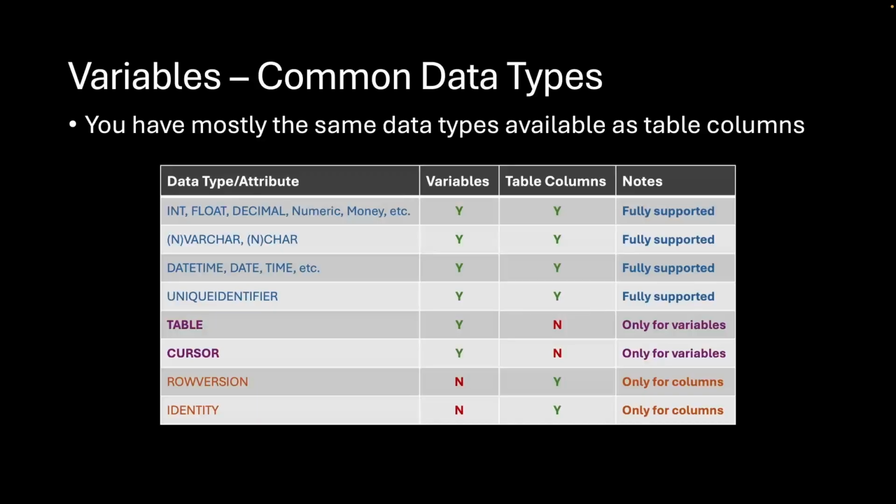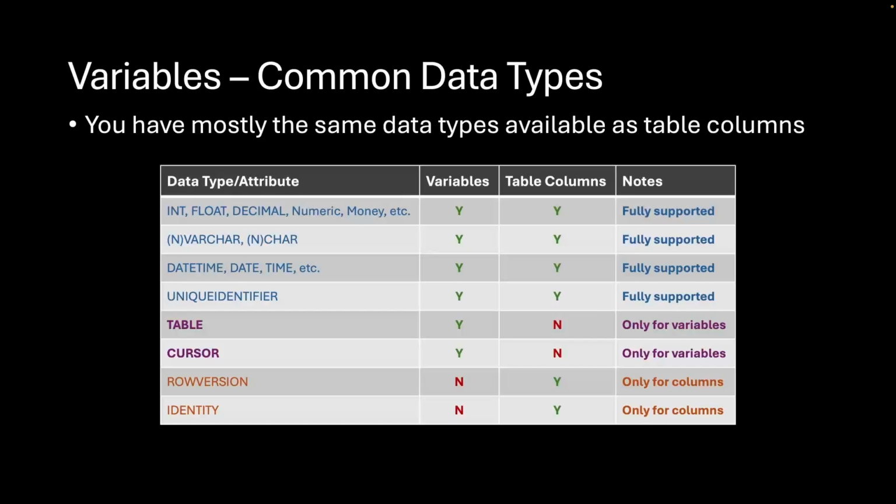Same thing with cursors. We won't dive into cursors much, but they help you to grab a single row of data from a table at a time, like when you're churning through, almost like doing a loop to grab individual values and stuff. You can't do those in tables because they're only really used during runtime of a script, so they're only allowed to variables. Okay. And then row version and identity.